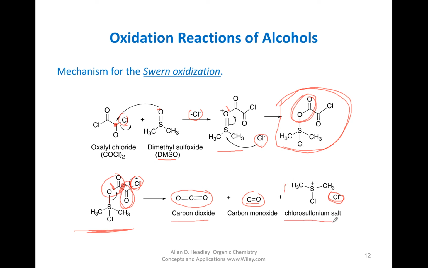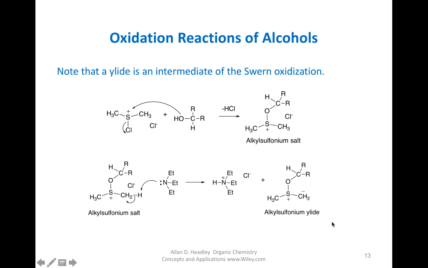It's called a chlorosulfonium salt. That chlorosulfonium salt now reacts with the alcohol. Because you can clearly see a positive sulfur, and you can see here electrons that's on the oxygen, so it will react to form this bond right here.